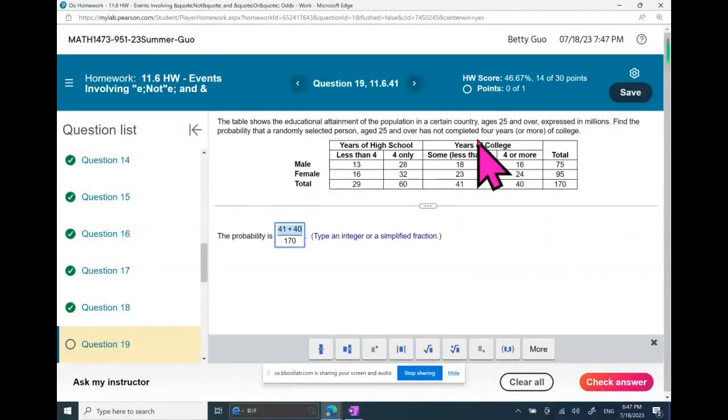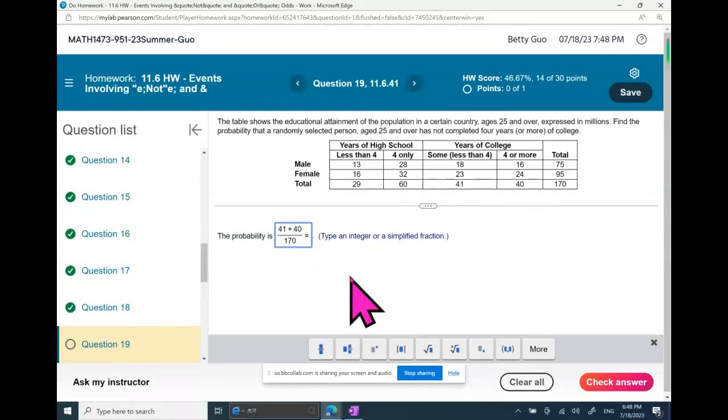If the guy has not completed 4-year college, then this is not going to happen. If he already completed more than 4-year college, then this is not going to happen, right? So one or the other. Those are two categories. You should be able to see my big arrowhead. This or this, they are mutually exclusive. Let's see, give it a try.